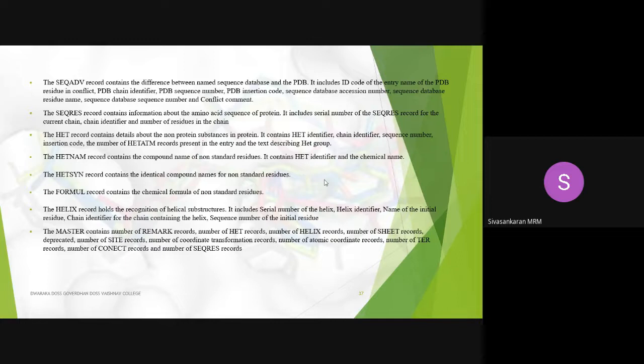We don't need to find out whether the data is missing or not. Everything has been updated, and the present scenario of a particular protein is also updated, which gives the information for the ligand binding site and is especially used for drug targeting.